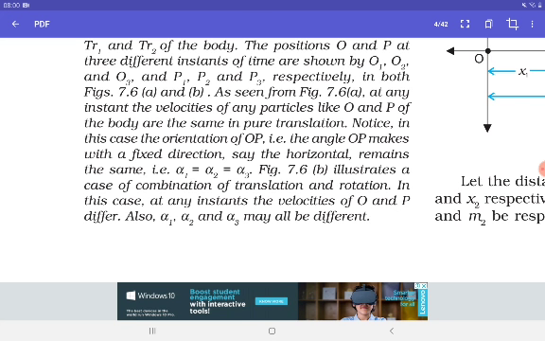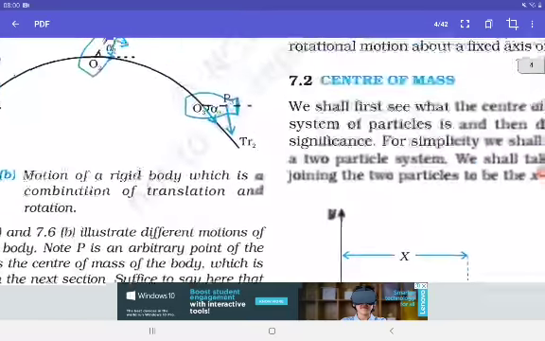Alpha 1 is equal to alpha 2 is equal to alpha 3. Figure 7.6b illustrates a case of combination of translation and rotation. In this case, at any instant, the velocities of O and P differ. Also, alpha 1, alpha 2 and alpha 3 may all be different.